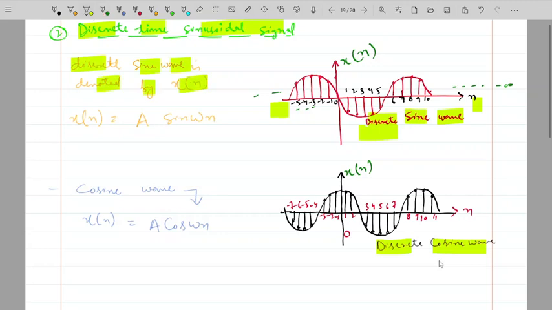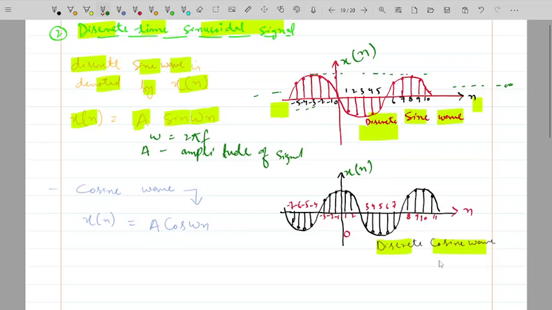The signal x of n equals A sin omega n, where omega equals 2 pi f is the angular frequency and A is the amplitude of the signal. Here this is the positive amplitude and this is the negative amplitude of the sine wave.